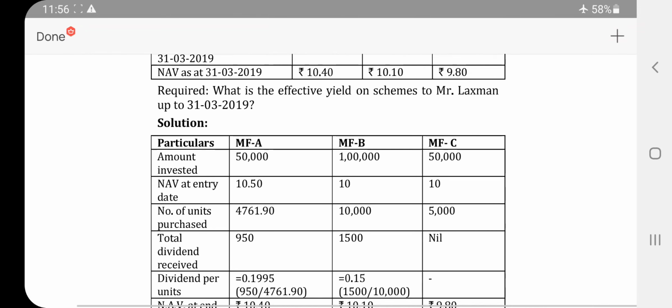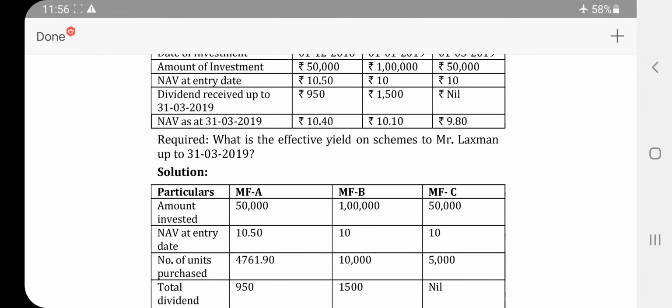And one more thing which we need to calculate, the major thing, is the effective yield on the scheme to Mr. Lakshman up to 31st March 2019. So we need to understand the entry date and closing date.